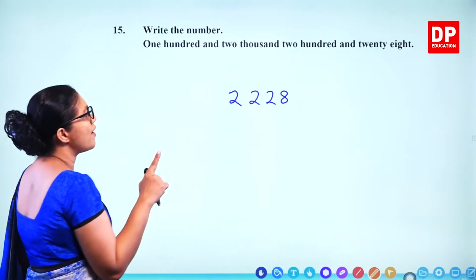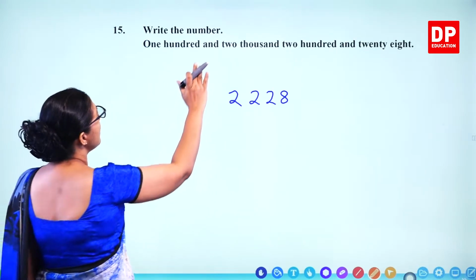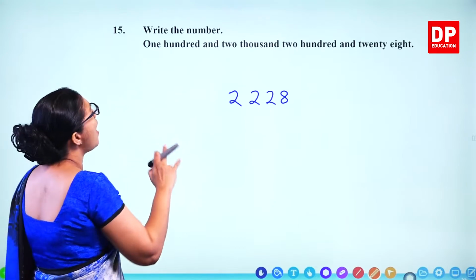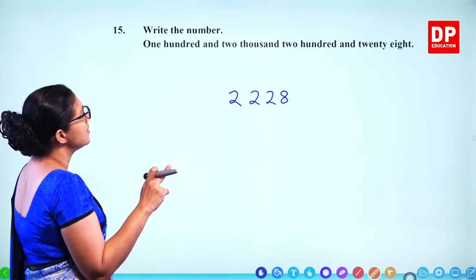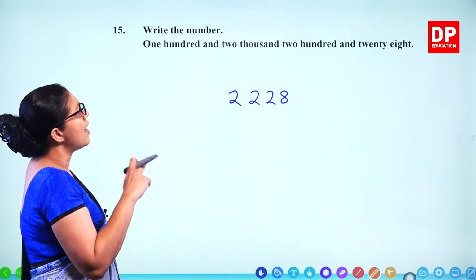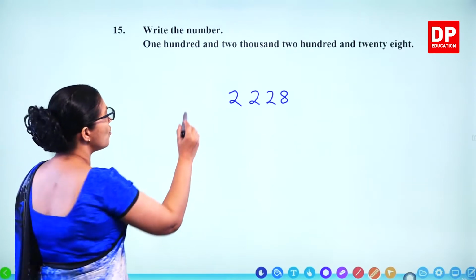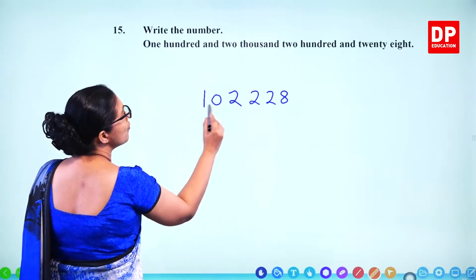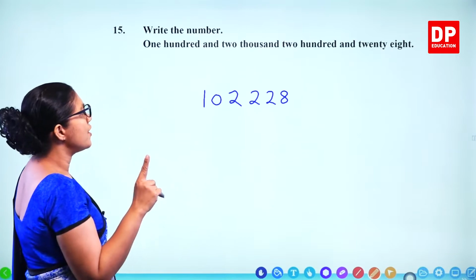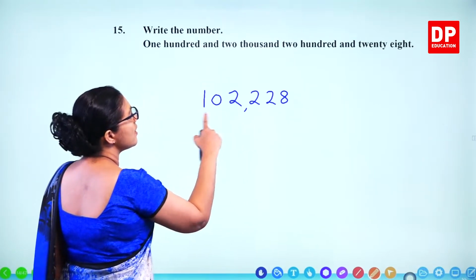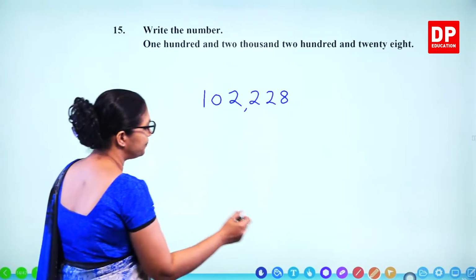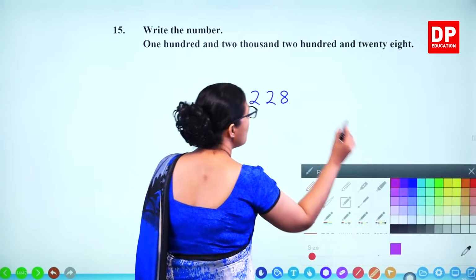So 2228 is there. Here from this one, 100 and 2. 100 and 2000. So 102,228. So here this is the number. 2 marks.